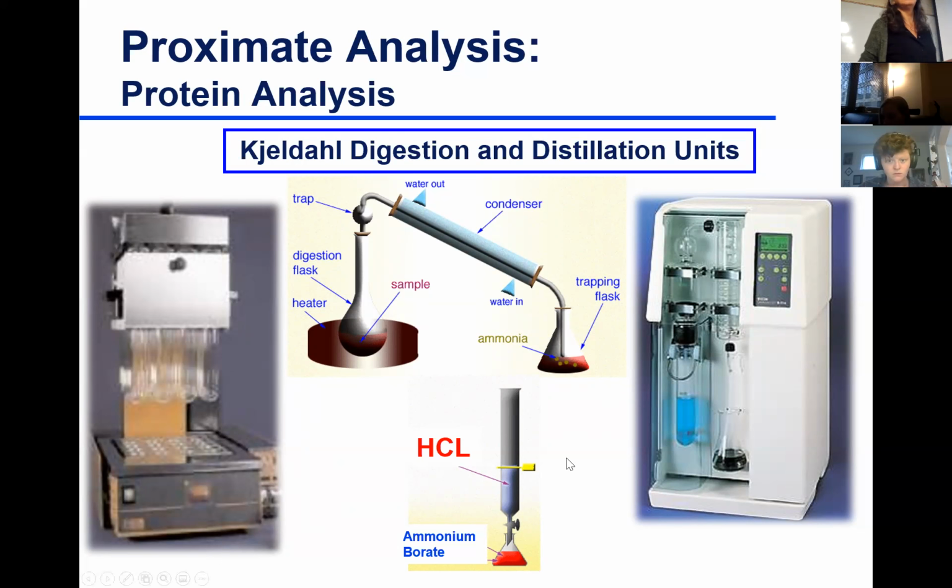You'll ask, why is it sky color blue? Because the catalyst is blue, it has copper in it. So you get a very nice clear blue solution. If you take it out and you still have some blackish, brownish material, that means the digestion was not complete. When the digestion is complete, you get a really clear sky blue solution.